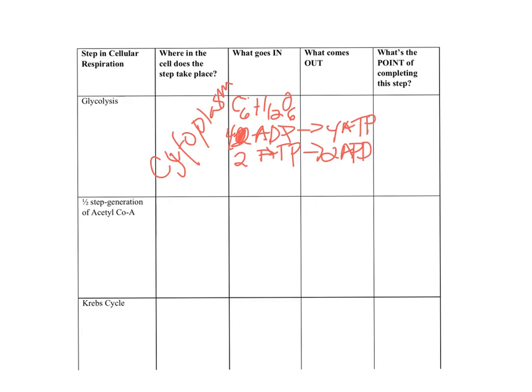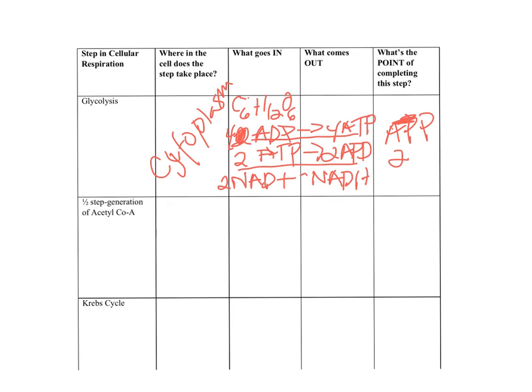Now remember, this step is the investment, this step is the payoff phase, right? And the whole point of doing this was so that we got some ATP. And again, ATP, not APP, ATP, we ended up with a net gain of 2 ATP here, okay? Also, we put in NAD+, and that came out as NADH. Okay, so we ended up with a hydrogen carrier, and I believe that was 2.